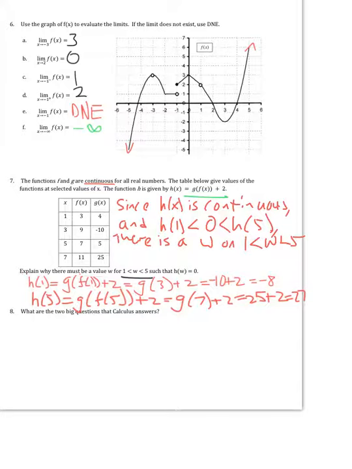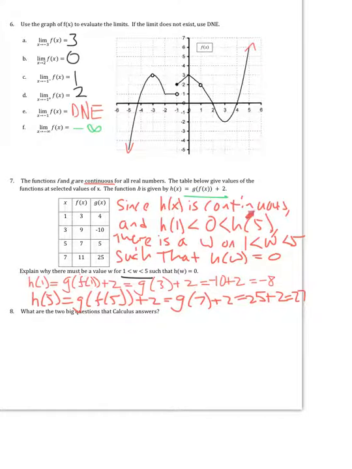And notice, by the way, we're just copying what they said in the problem for the most part. So there is a w between 1 and 5 such that h of w equals 0. So you got to have this statement here.